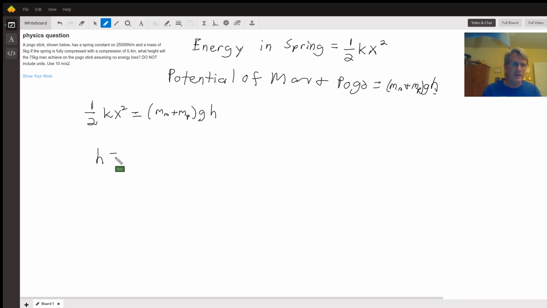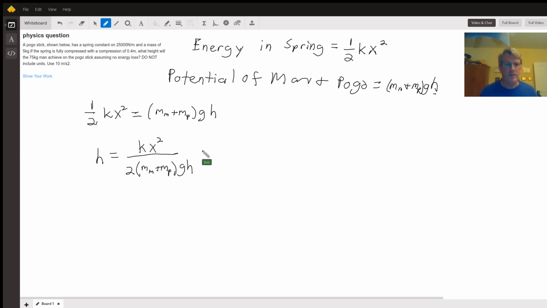Then h will be equal to k x squared divided by 2 times the sum of the masses times g.